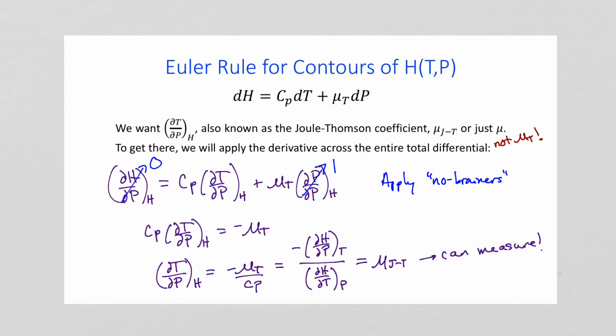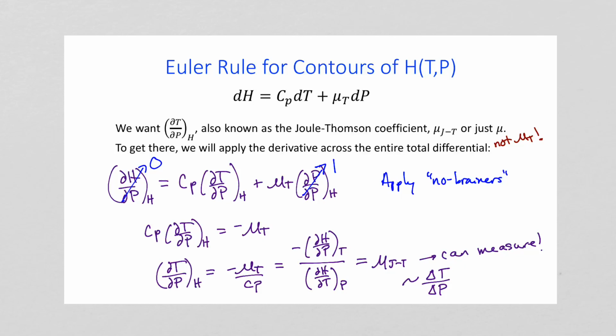Another way to write this macroscopically is as your change in temperature over your change in pressure. What the Joule-Thomson coefficient tells us is how the temperature changes as we change the pressure of our system. This is applicable most directly to expanding gases.